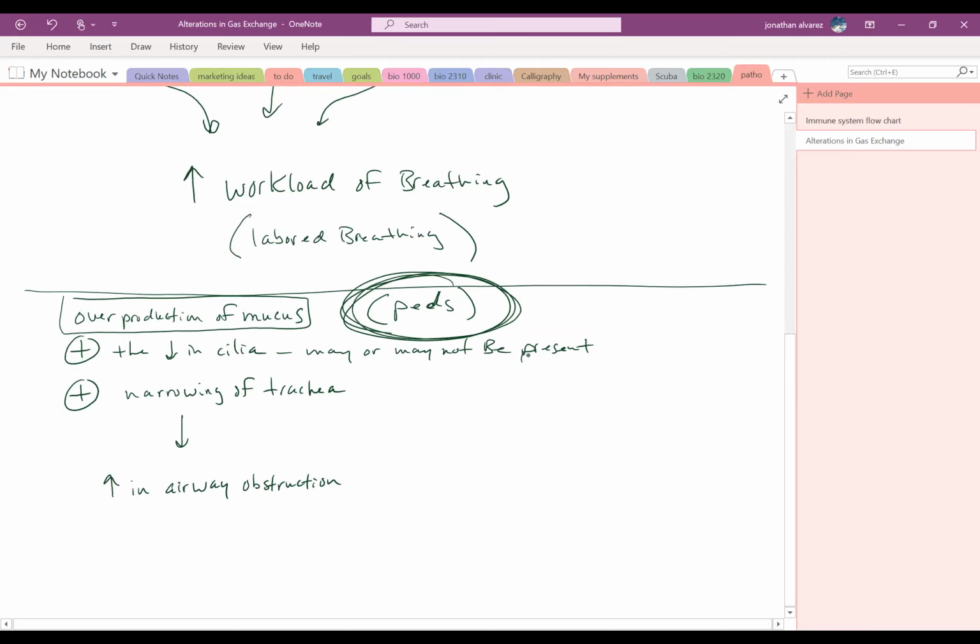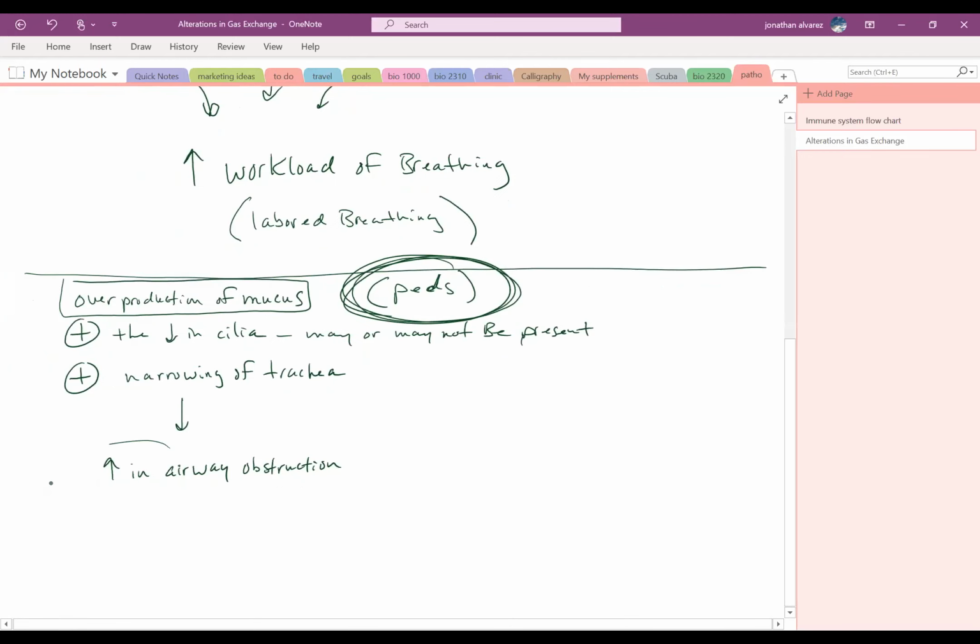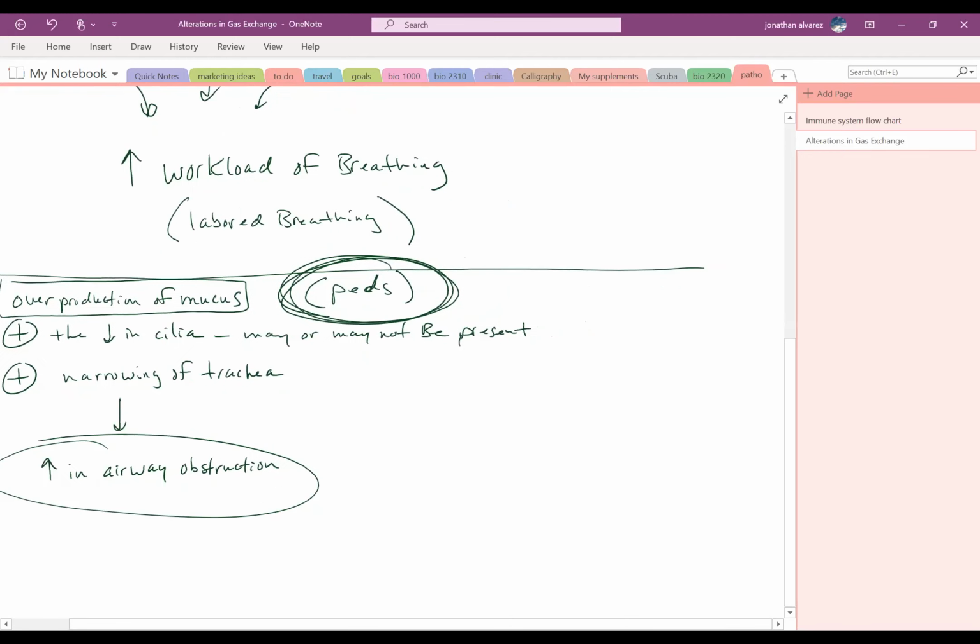Okay, the cilia, that may or may not be present. Okay, but the narrowing of the trachea, typically because of age, like a premature infant, for example, and overproduction of mucus can lead to airway obstruction.